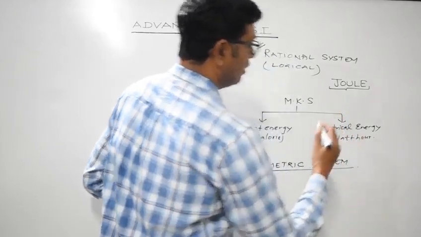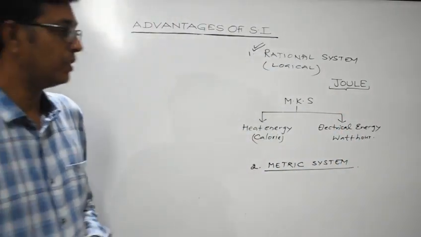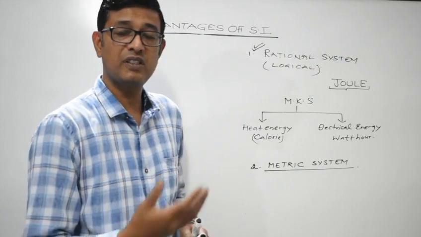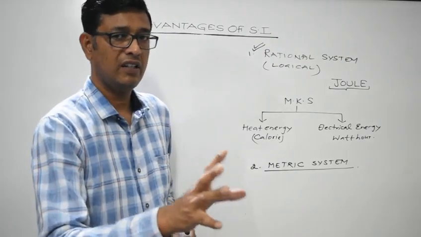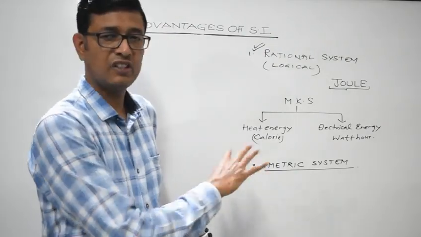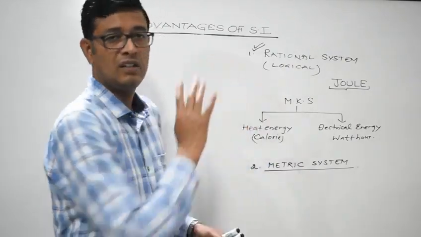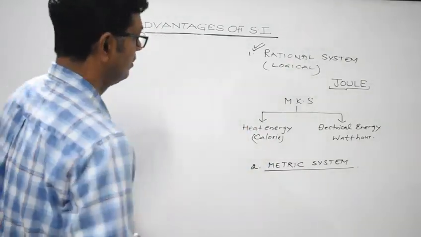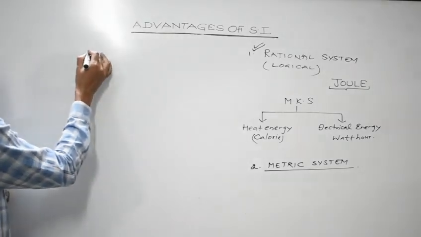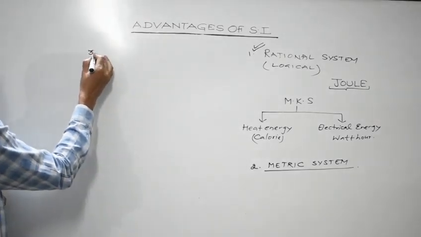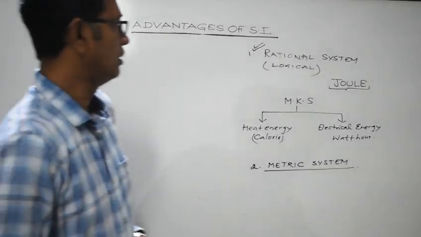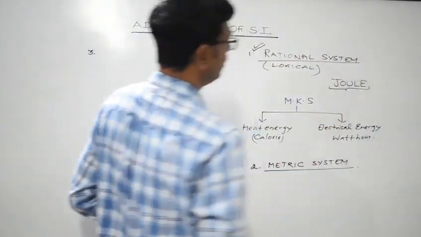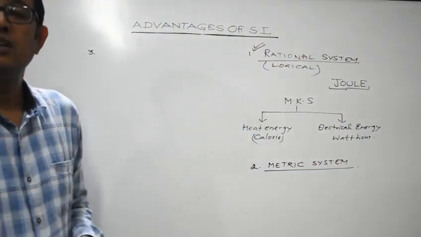So the multiples and submultiples in SI can be expressed as powers of 10. Here I must tell you, CGS and MKS also are metric systems, right? First is rational system of units, second is metric system.